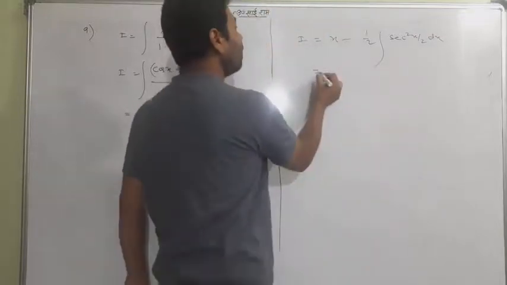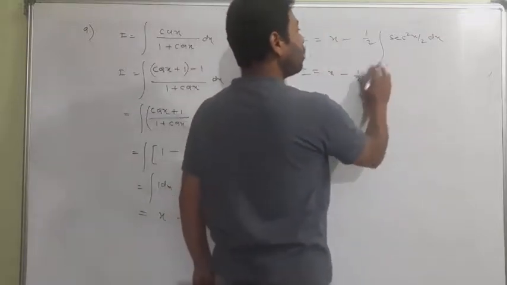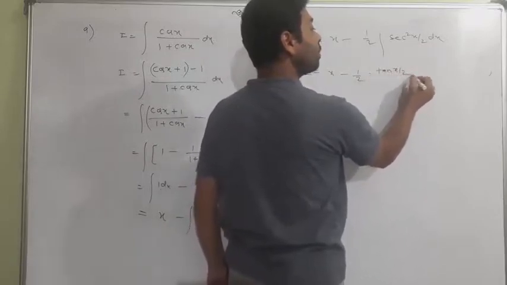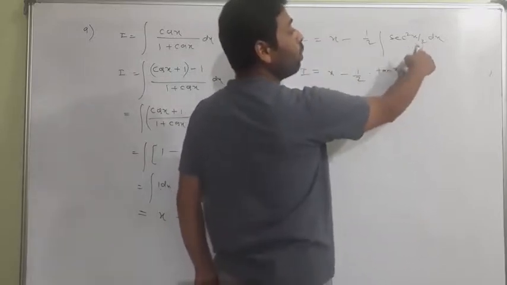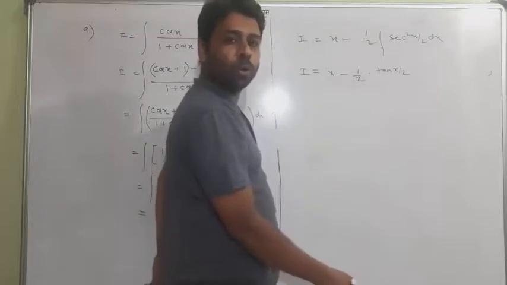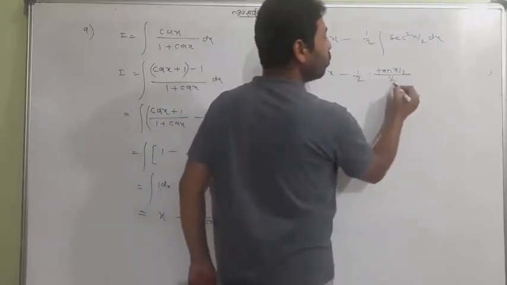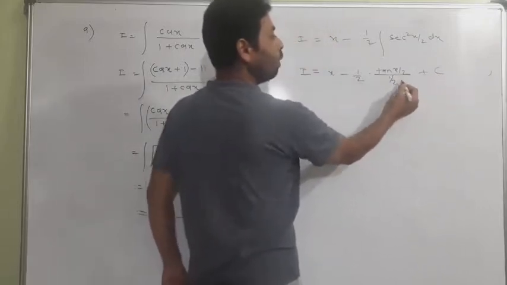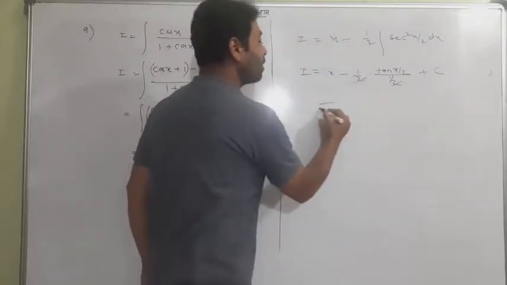And sec square has the famous integration tan x, but it is x by 2. No matter, it is a linear form. You can use the formula, but you have to write the coefficient of x in the denominator, plus c. These two will cancel to 2, and get the rest, that is your answer.